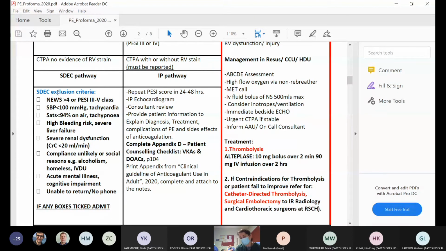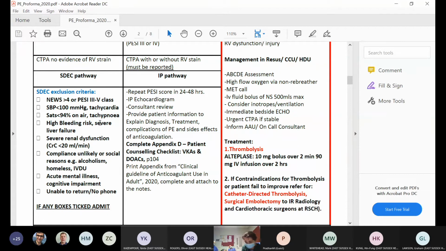Somebody is unstable and has a higher PESI score. Somebody has bleeding risk factors, for example liver failure, or they developed PE while on anticoagulation. Somebody with renal failure, homeless, IVDU, mental health problems, no phone, no home. So these people have to be admitted.